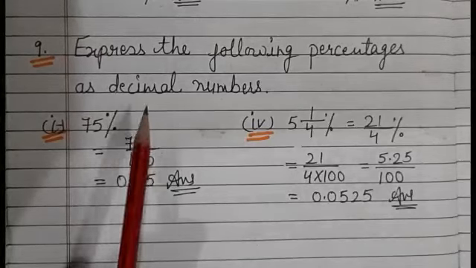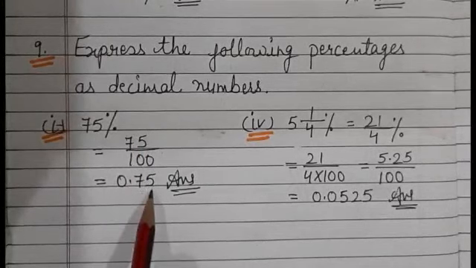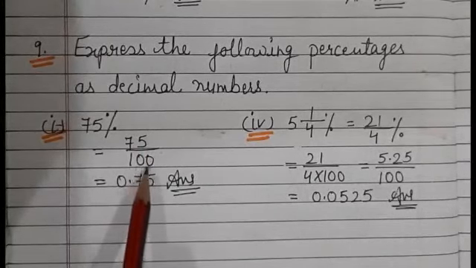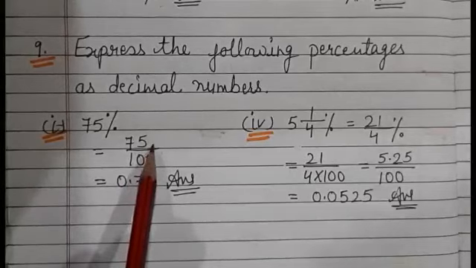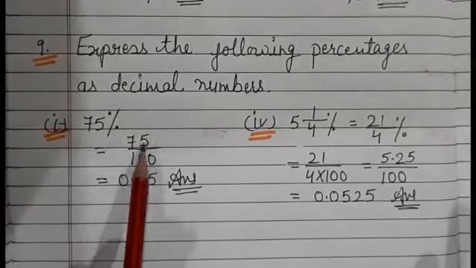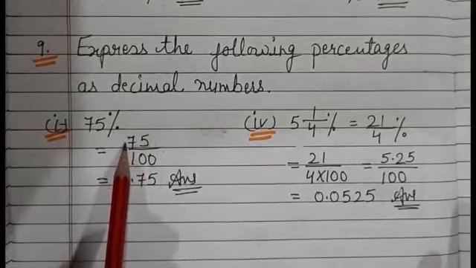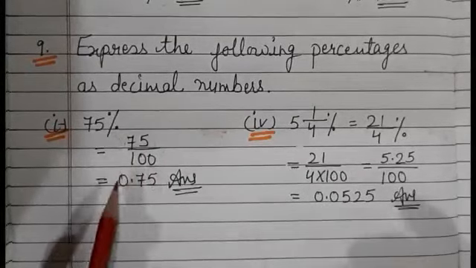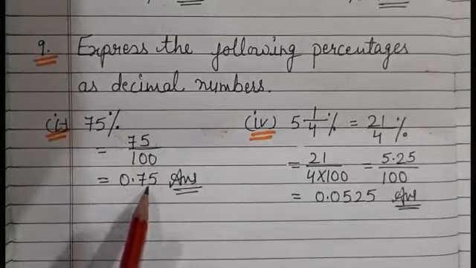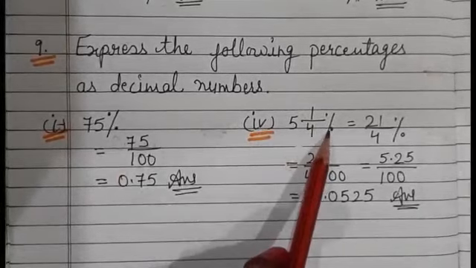So convert into decimal number. When we solve, 0.75 will come. In denominator, 2 zeros are there. So in numerator, from right hand side, 2 places we have to count, 1, 2, and then we have to put decimal. That we have done in decimal chapter, right? So 0.75 will come.